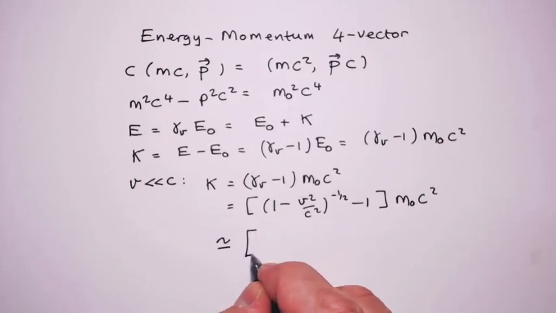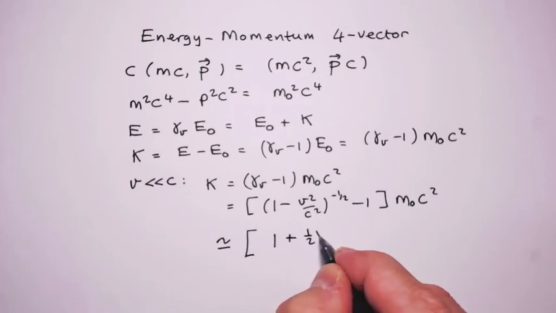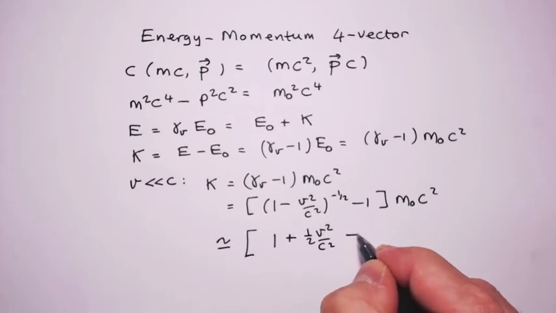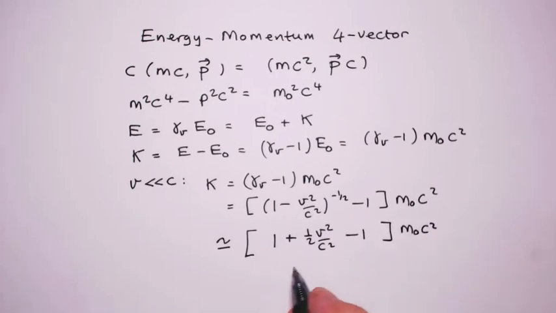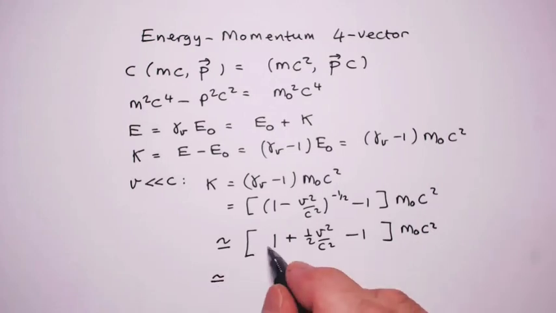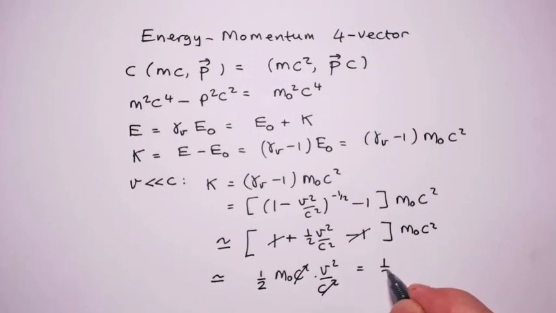And now we use the binomial theorem to approximate (1 - v^2/c^2)^(-1/2) as 1 + (1/2) v^2/c^2, and then minus 1, times m0 c^2. So 1 minus 1 cancels, and we are left with (1/2) m0 c^2 times v^2/c^2, which is equal to (1/2) m0 v^2. This is the non-relativistic kinetic energy K, which demonstrates the proposition.